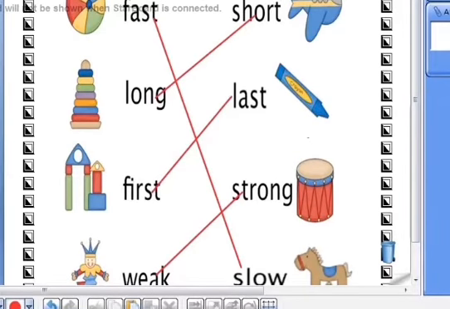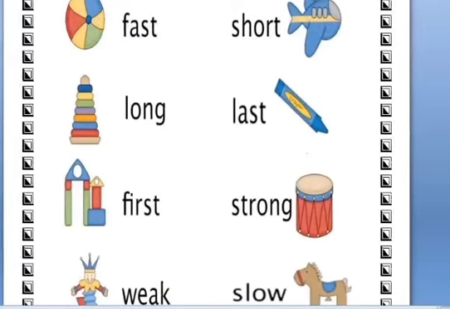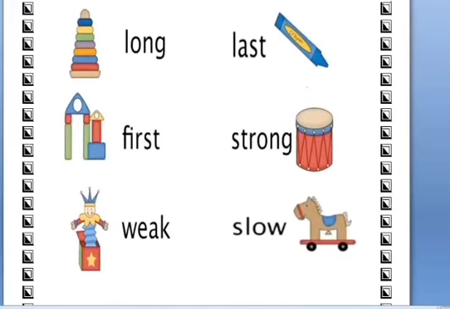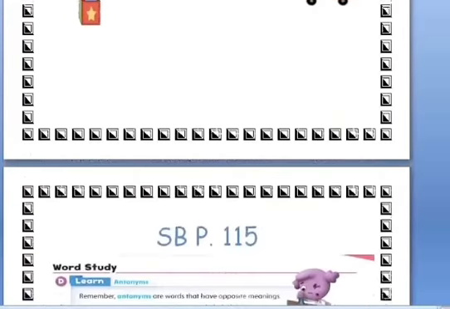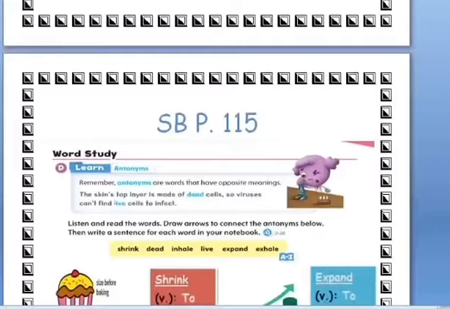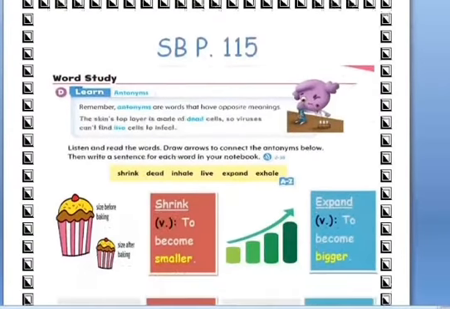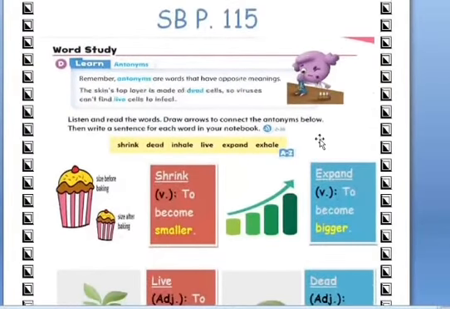So now let's complete our lesson. Let's study the antonyms that we find in our book. Page 115. Please open the page. Remember, antonyms are words that have opposite meanings.